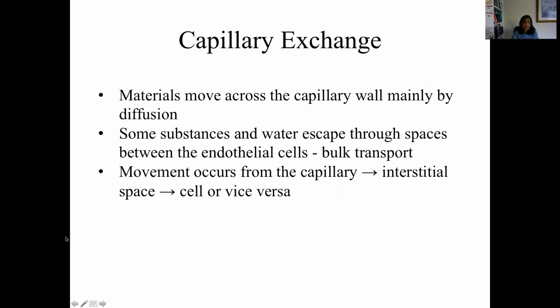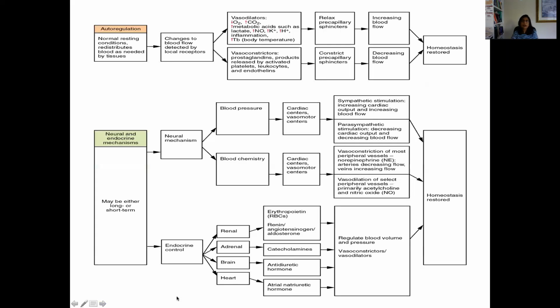Good. With this, we will stop this video here, because we now have talked about the blood flow through the arteries and the factors that are associated with blood flow, such as resistance and blood pressure.